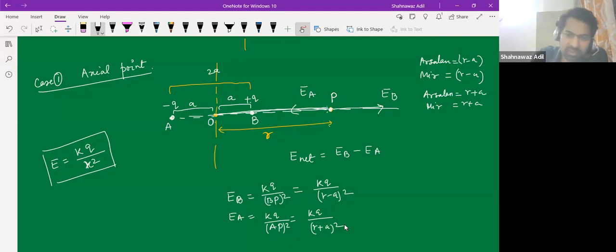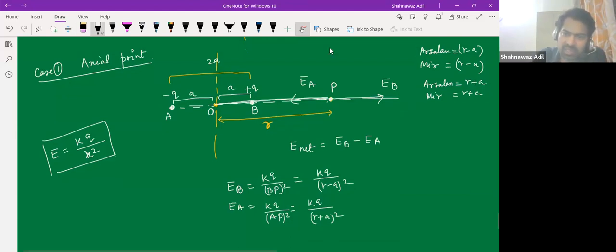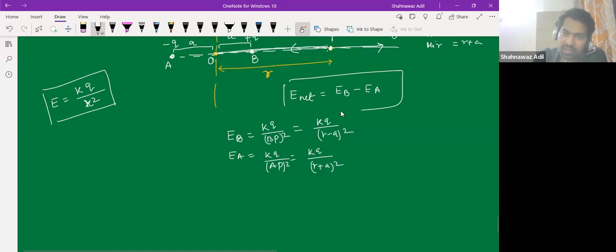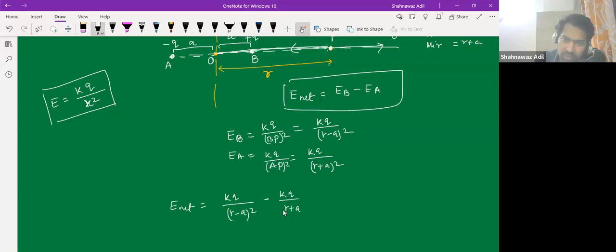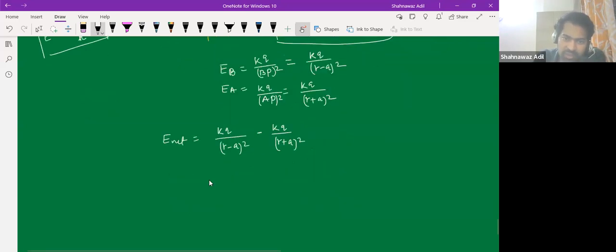So we can calculate the net field. That is EB minus EA, right? So let us find out that this is EB, which is KQ by R minus A whole square, minus KQ by R plus A whole square. Right. So what is common?